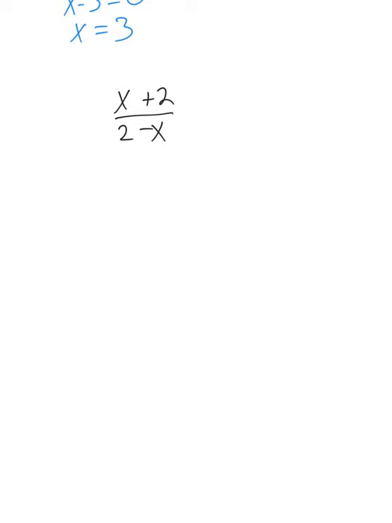Their coefficients are 1 over negative 1, so negative 1 would be our horizontal asymptote. For our vertical asymptote, of course, we take the denominator and set that equal to 0. So here we have 2 minus x equals 0, and x equals 2.